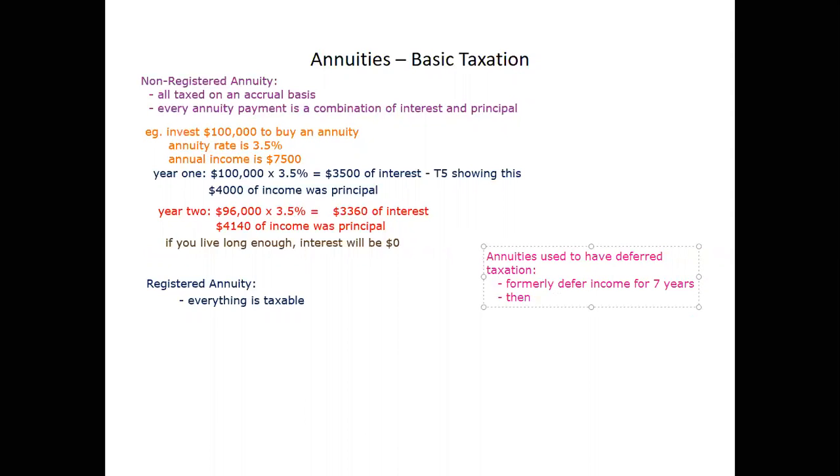And then for a brief time, for 3 years. This all went away in I want to say 89. Forgive me if I have the year wrong, but thereabouts. So really old school insurance agents will have sold annuities and used that sort of tax deferral.